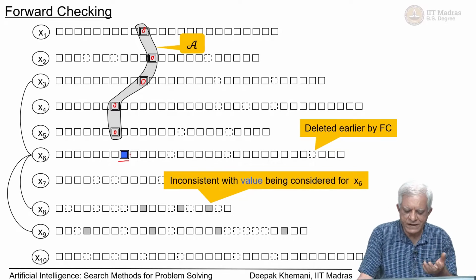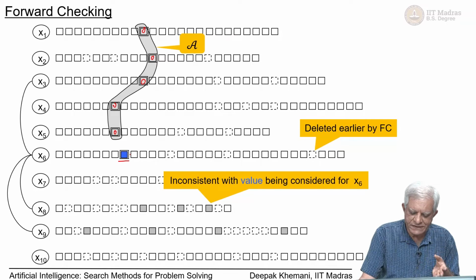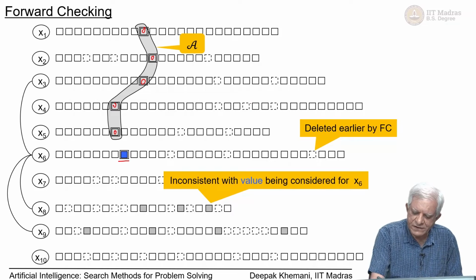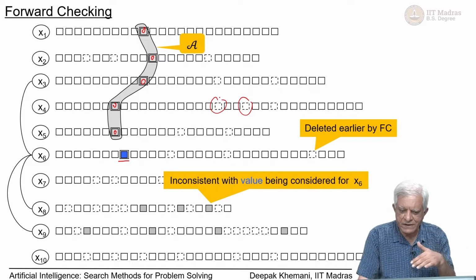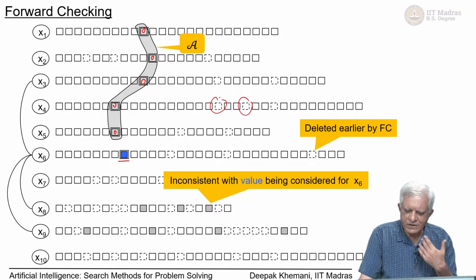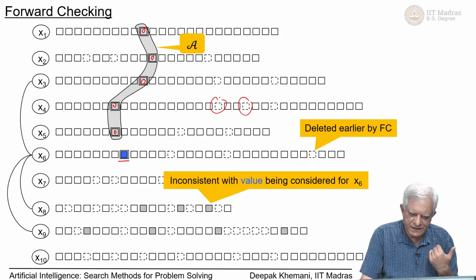So, can we give this value to variable 6 essentially. The dotted nodes are those that were deleted earlier by forward checking, at some level, it could have been level 1, level 2, it could be anywhere, because these would have been future variables at that time. So, they could have been deleted at that time essentially.